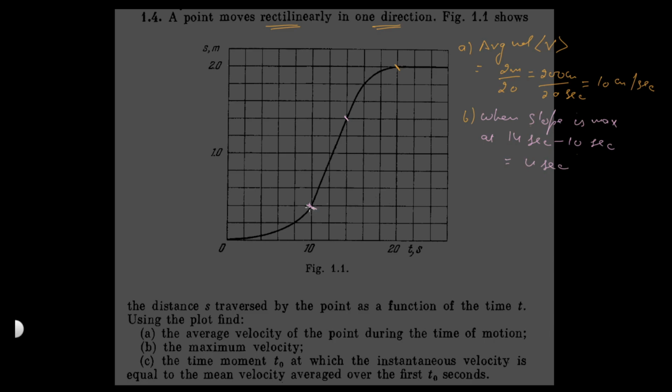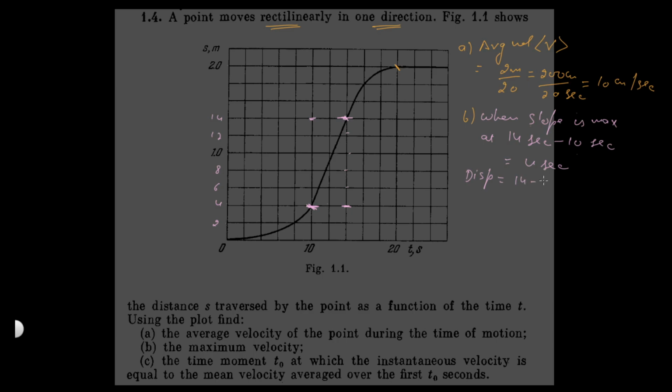And what is the displacement from this point to this point? Reading the graph, the displacement is from 4 meters to 14 meters when the velocity is maximum.